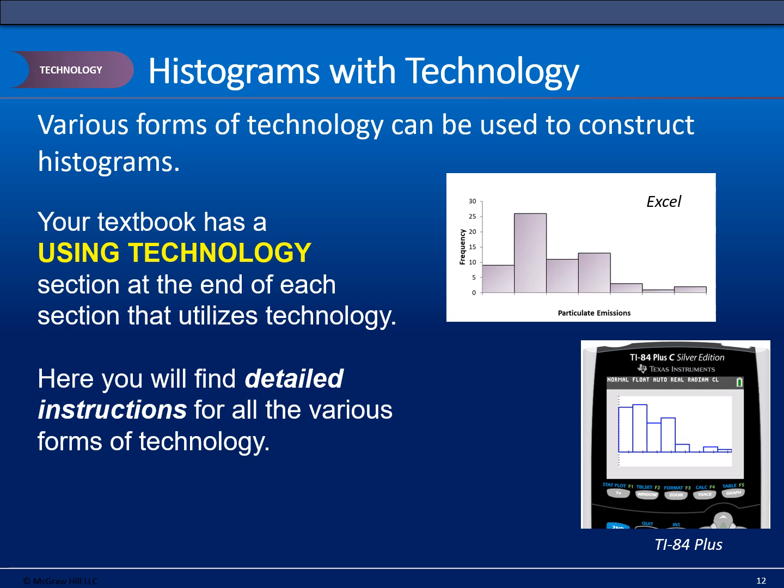So you can use technology to build these graphs. Here you have Excel. You also see the TI-84 Plus, which is listed in our required calculators for this course, or the calculator you can use. I'm not going to spend a lot of time on the technology.